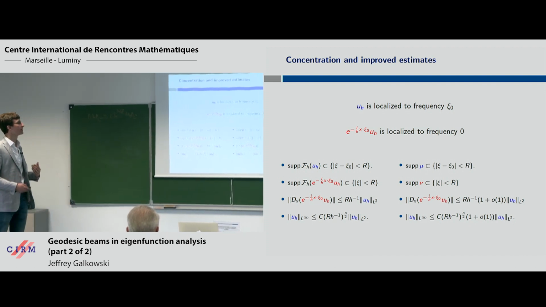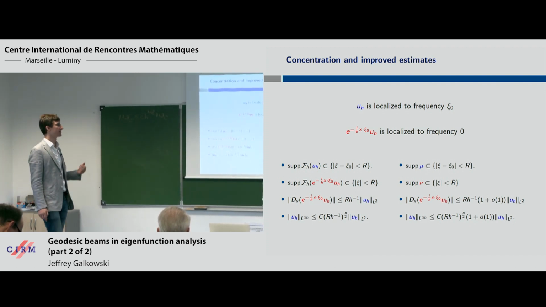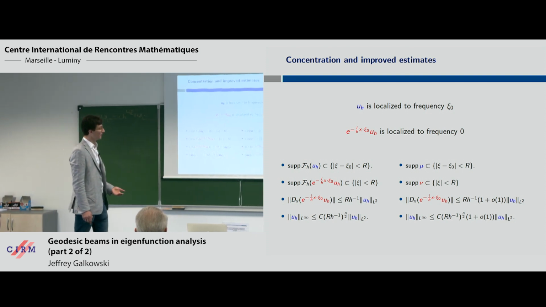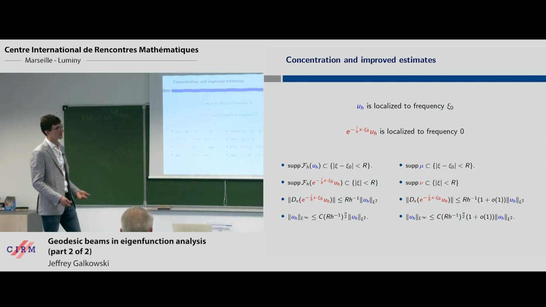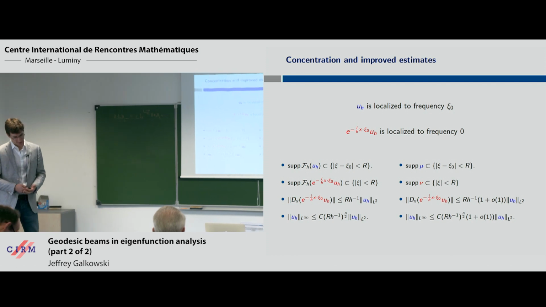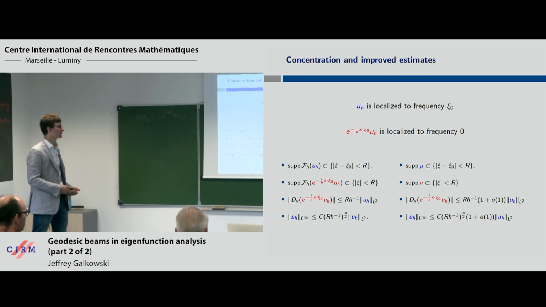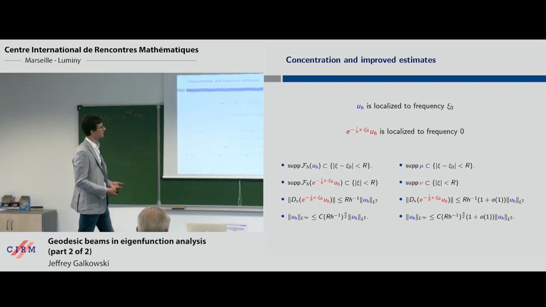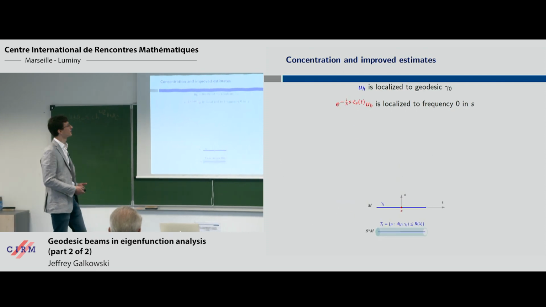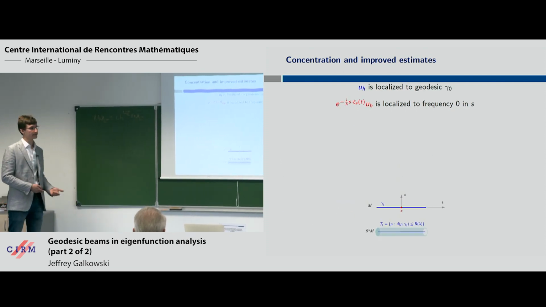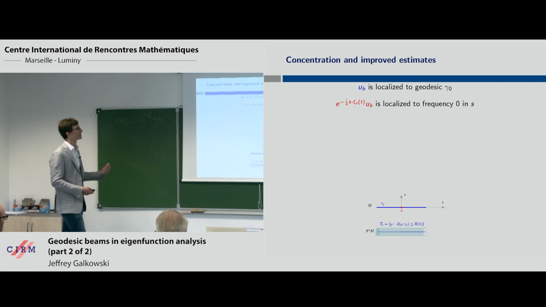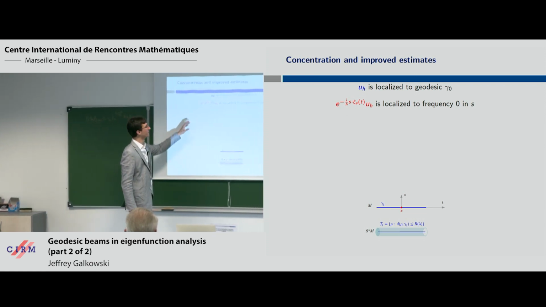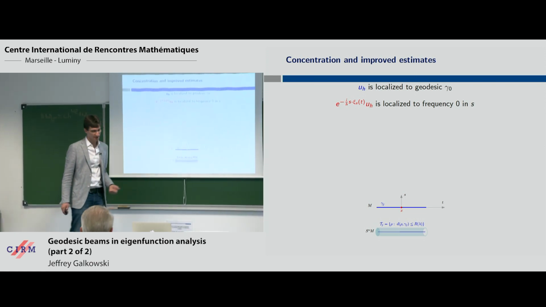So this is the story if I really have a function which is localized at some frequency xi_0 in n dimensions. But we need to upgrade that if we want to say something about eigenfunctions, because we're not likely to get that kind of localization. We're likely to get localization near a geodesic. So I'm going to imagine that now I have a function which is localized near some geodesic.